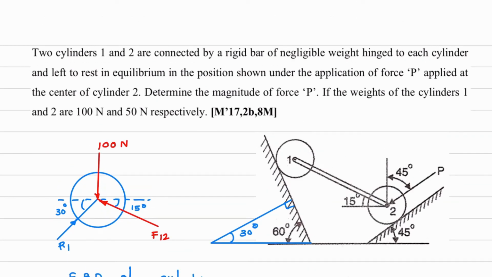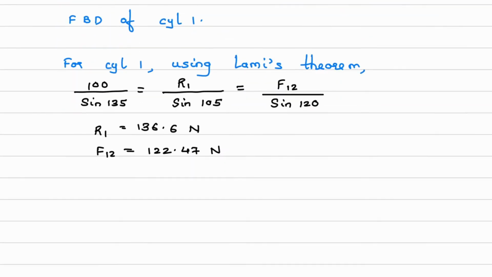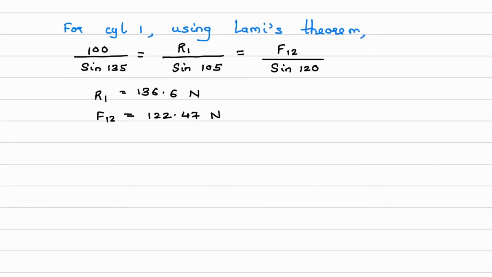What is asked in the question? We have to calculate P. So we have calculated right now for cylinder 1. Now we will consider cylinder 2. Okay, so I will show the direction of force on the rod now. Suppose this is the rod.